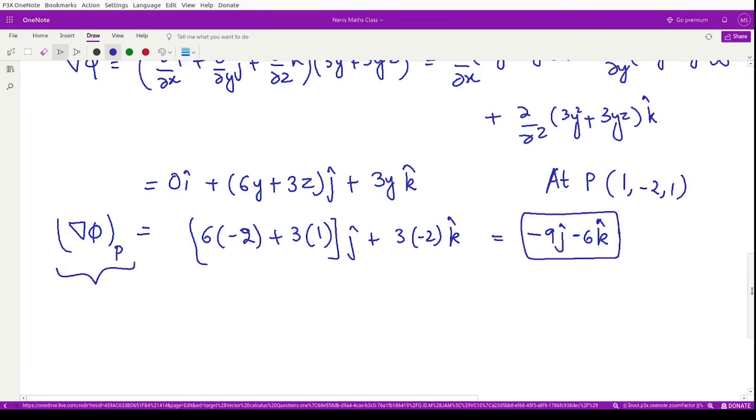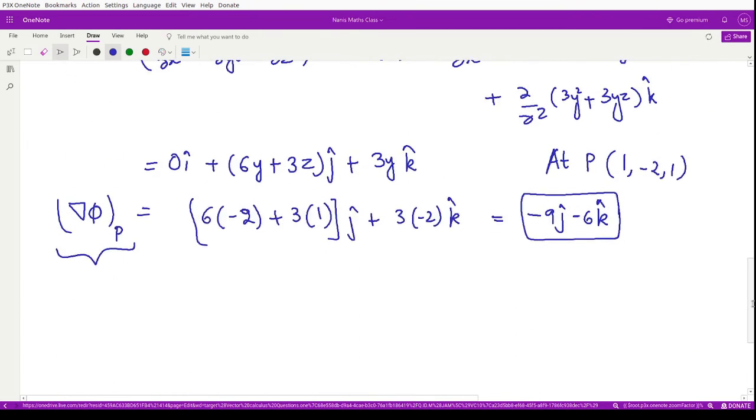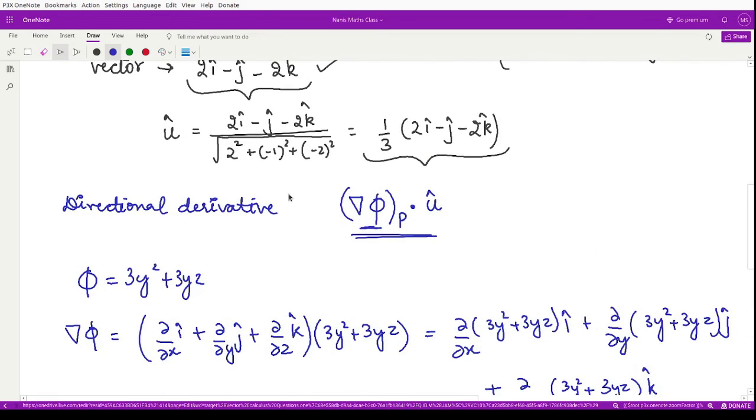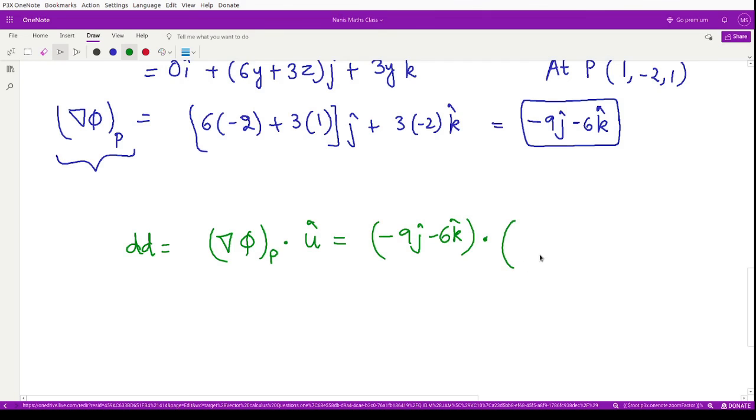So we have this quantity, let's substitute it back. Your directional derivative, let me call it dd, would be the gradient of phi calculated at P dot with u cap, so it would be minus 9 j cap minus 6 k cap dotted with the u cap vector, which is 1 by 3 times 2 i cap minus j cap minus 2 k cap.